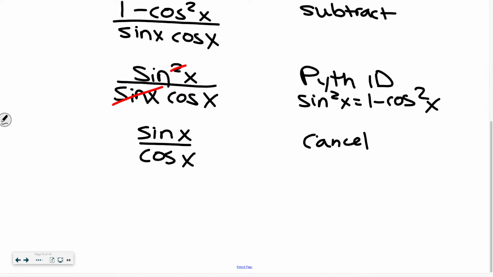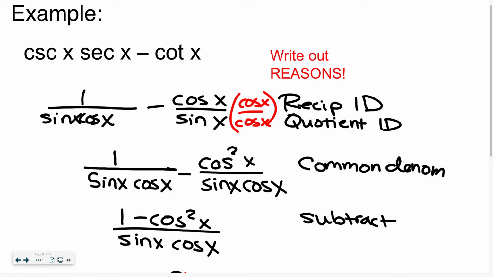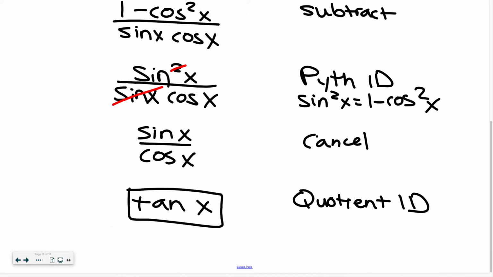It's division, I suppose. And then what do you get? Tangent, Jayla says. By quotient identity. Okay. So all that stuff up at the top, cosecant x times secant x minus cotangent x, that's really just tangent x.